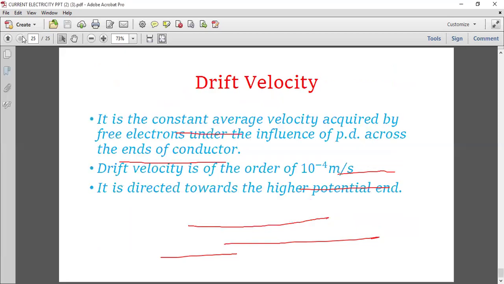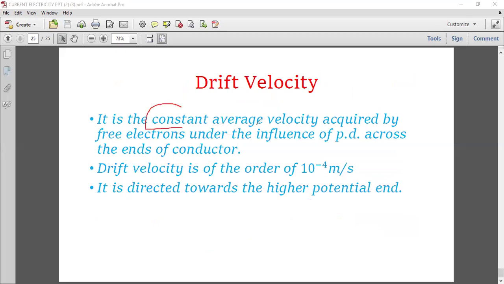What is the drift velocity? You can see here. It is the constant average velocity acquired. Constant word होना ही होना चाहिए. It's clear. Constant average velocity acquired by the free electron under the influence of potential difference across the ends of conductor.